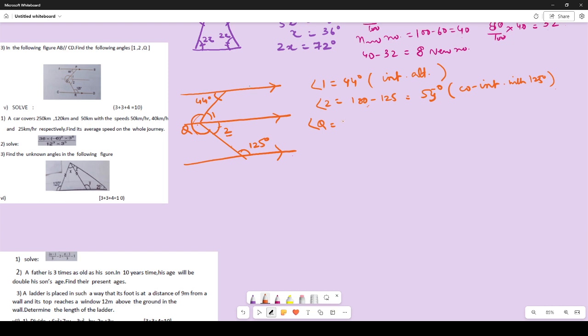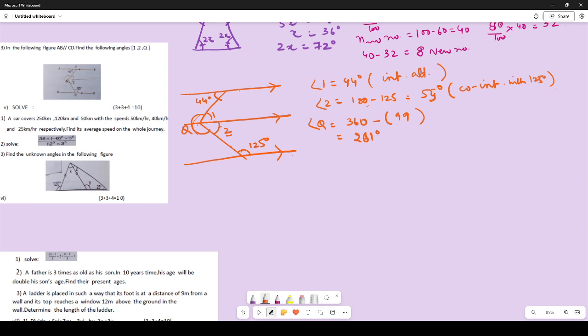So Q will be 360 minus (44 plus 55), that is 99. So it will be equal to 261 degrees. That should have been your answer, right?